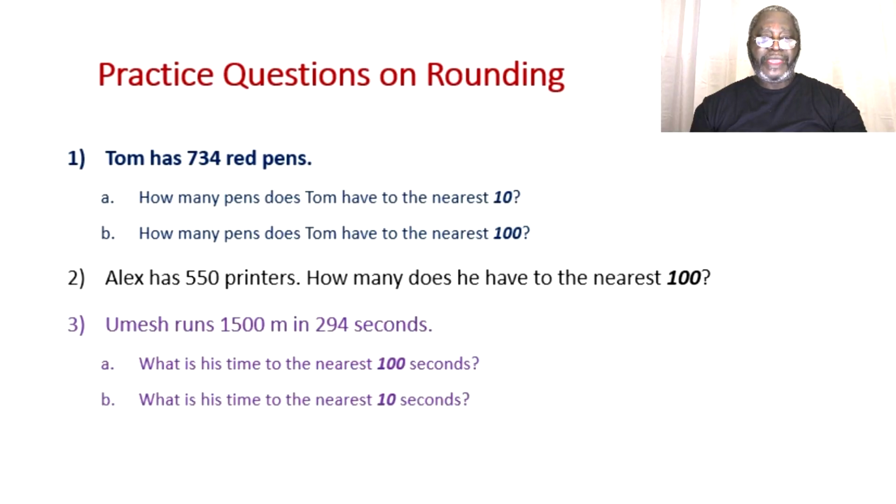B. How many pens does Tom have to the nearest 100? Question 2. Alex has 550 printers. How many does he have to the nearest 100? Question 3. Umesh runs 1,500 meters in 400 seconds. What is his time to the nearest 100 seconds? What is his time to the nearest 10 seconds?